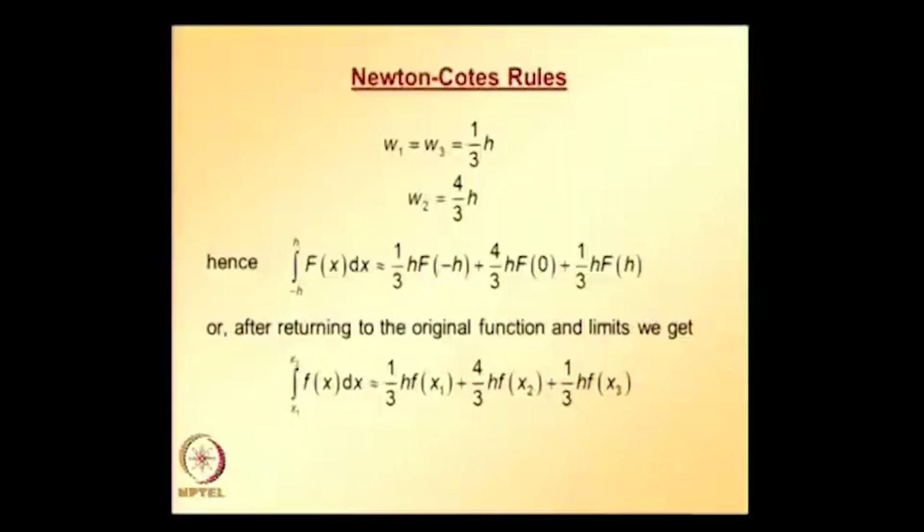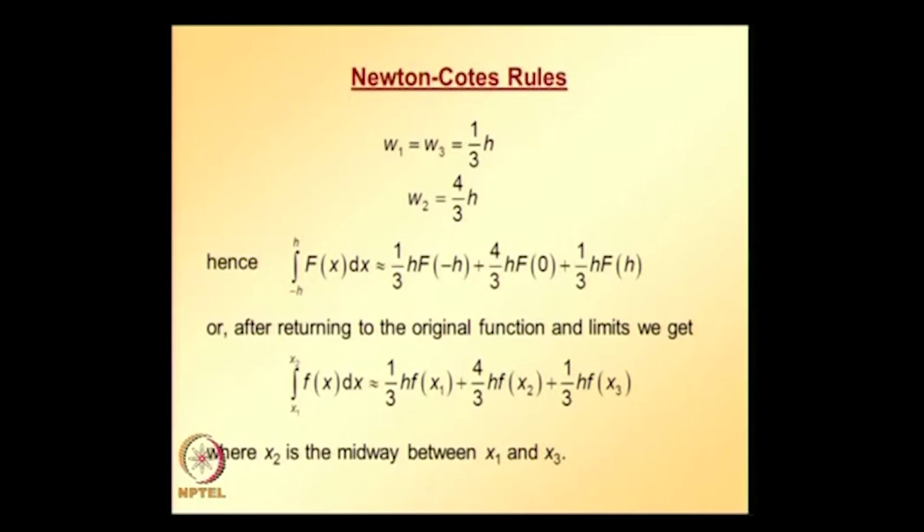Sorry, the first one should be at -h. After returning to the original function and its limits, we get this equation, and we need to note that x2 is midway between x1 and x3.